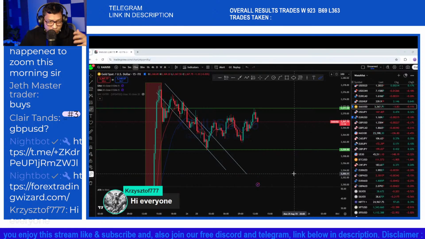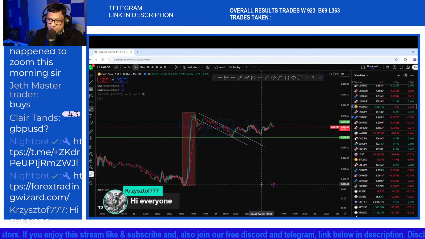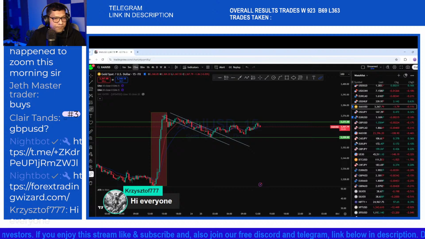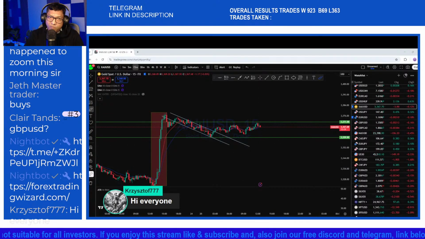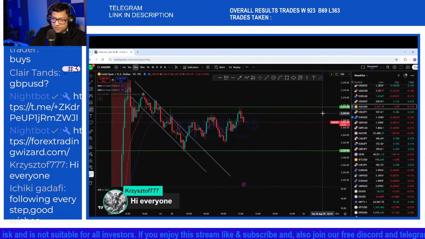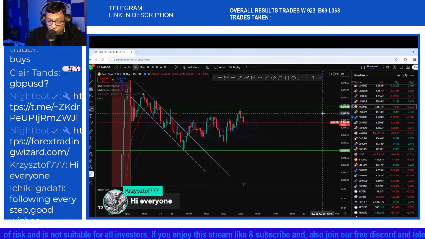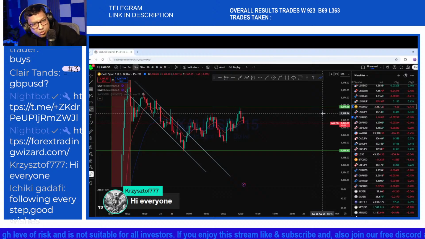But there's a term, probably a very old school term, called analysis paralysis. It's another way of saying that if you are looking at too many confluences, you might get frozen with the trade. That means you won't be able to take the trade because of too many confluences that you need to align together.